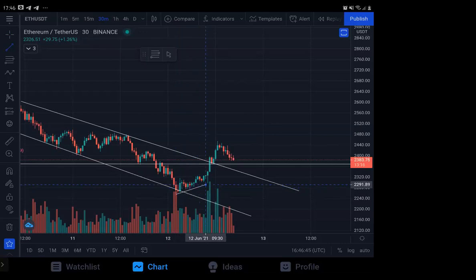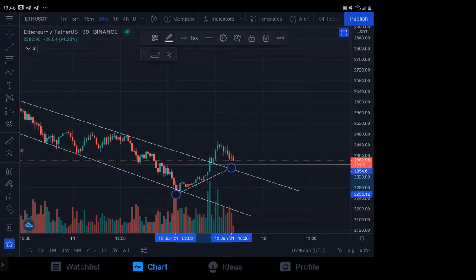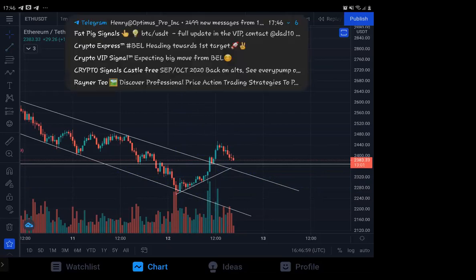If you notice, it's going up. So it's telling me that the possibility of this market going up is high. You see? So I will likely enter after the close of this hammer, maybe the first hammer.